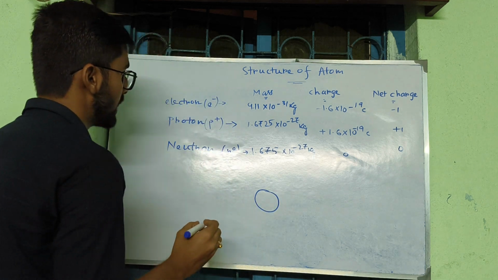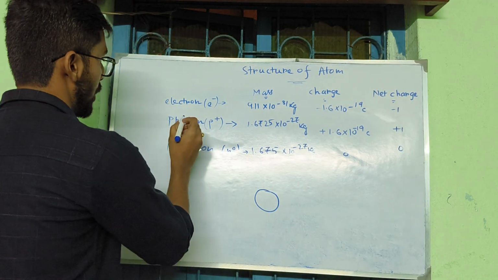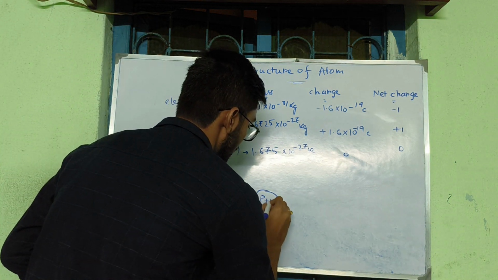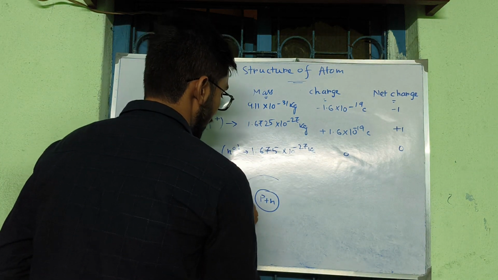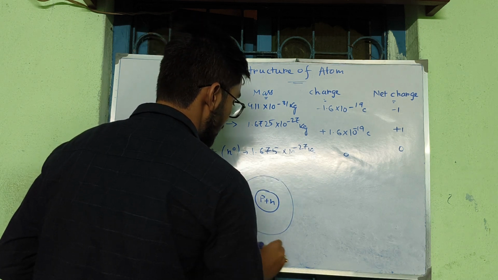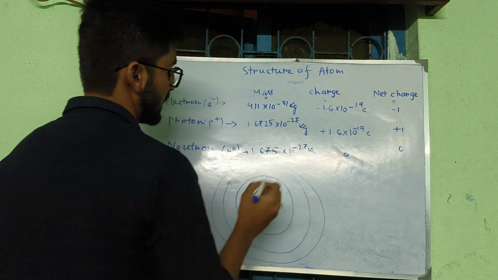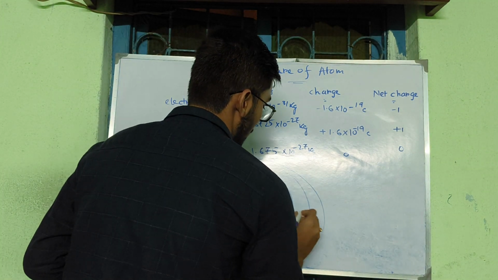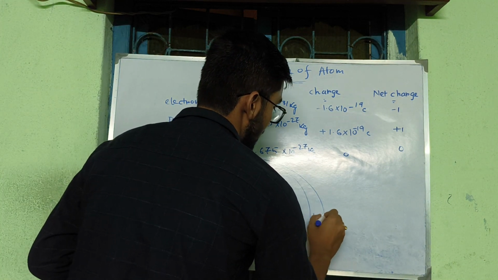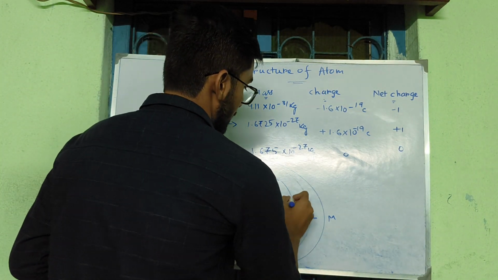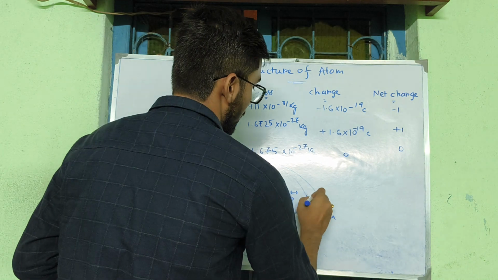It is nucleus. In nucleus, proton and neutron exist, and around nucleus, these are the energy orbitals, energy levels, and these are termed as K shell, L shell, M shell. And in these shells, electrons revolve.